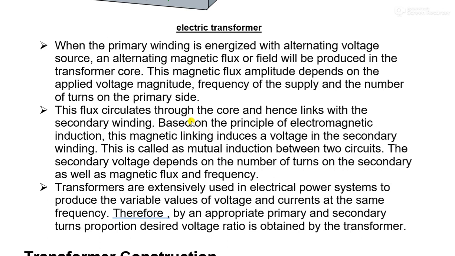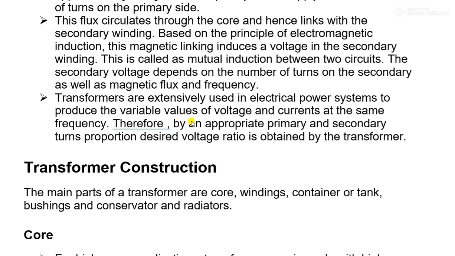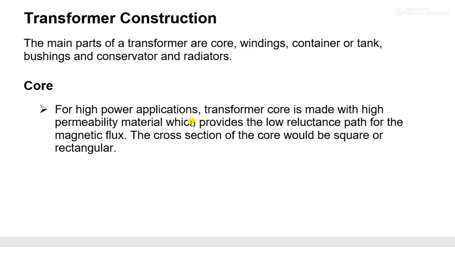Now we will see transformer construction, in which, in a very basic form, there must be a core on which windings are wound so that we get an increase or decrease of voltage across the secondary, and the EMF is due to the mutual induction phenomenon.